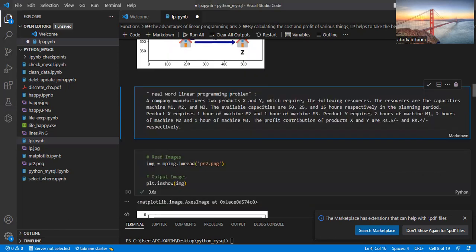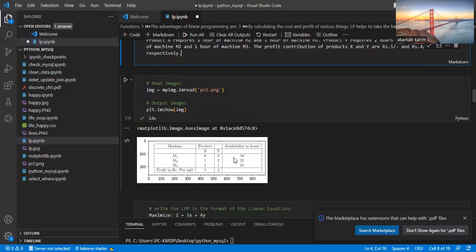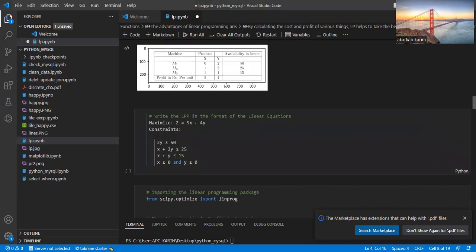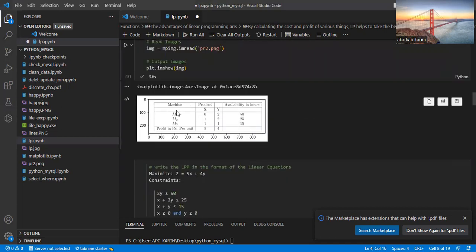Well, I will format this problem in a table to show you more. So here we have this table. We have the machines M1, M2, M3, and we have the products X and Y, and we have availability in hours. So to produce X, we need 0 hours for M1, and we need 2 hours in machine 2 with this constraint of 15.